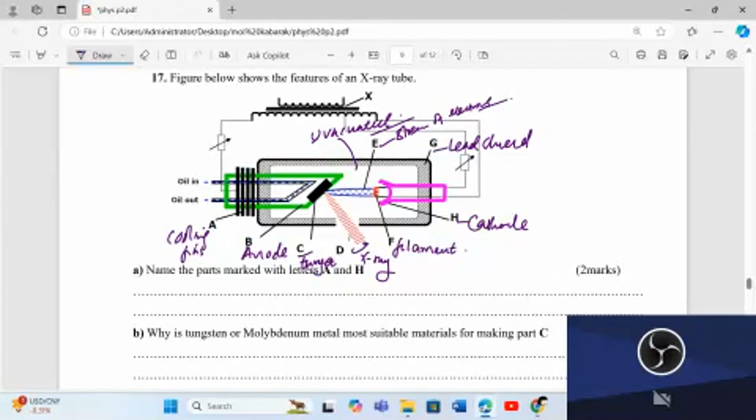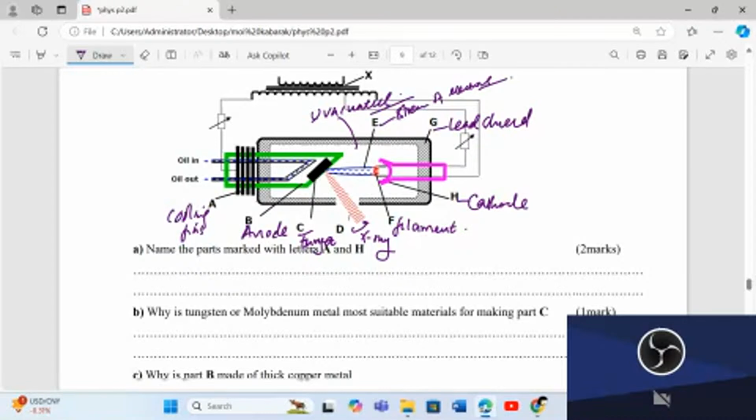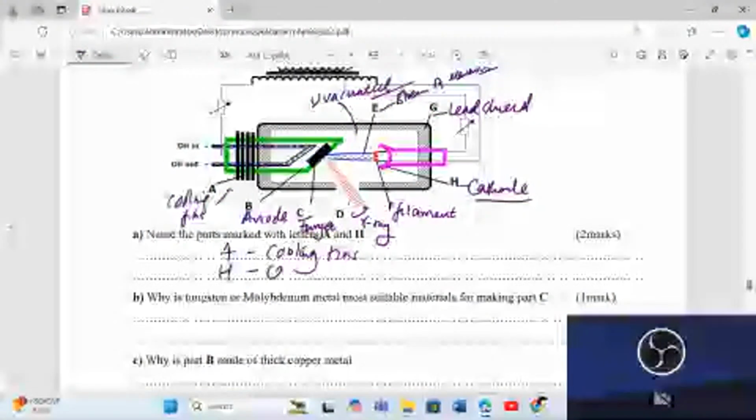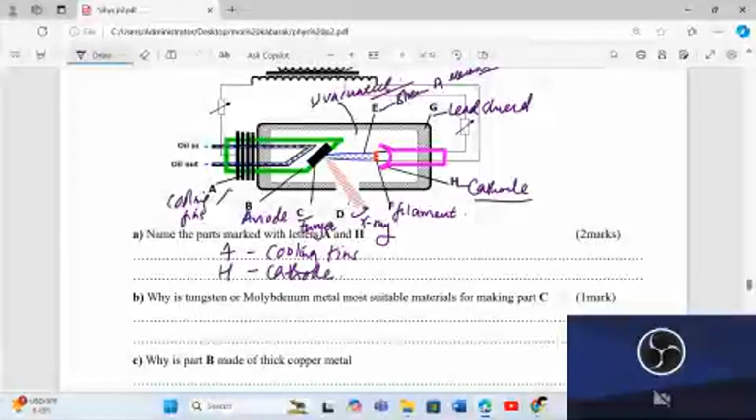Then we can proceed to the question. Name the parts labeled with the letters A and H. So A is for cooling fins, H is the cathode. Remember, it is at the cathode where we have the heating current in the filament.